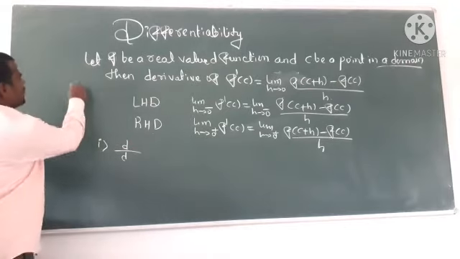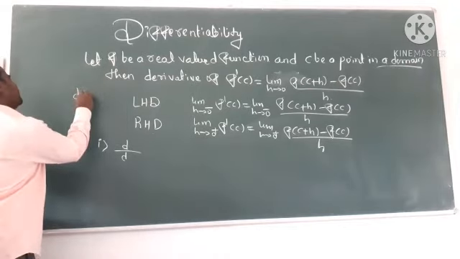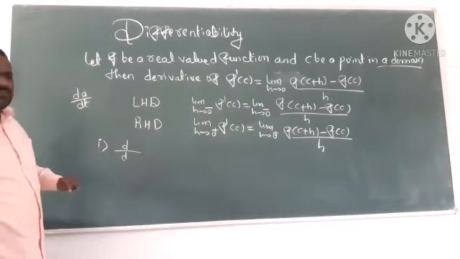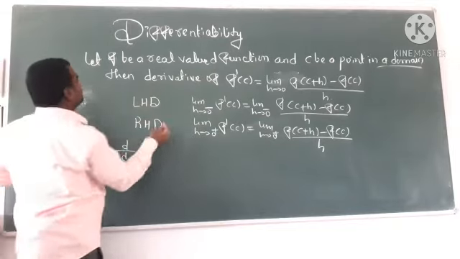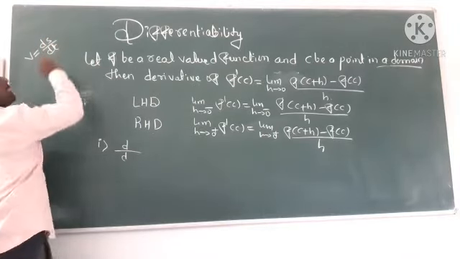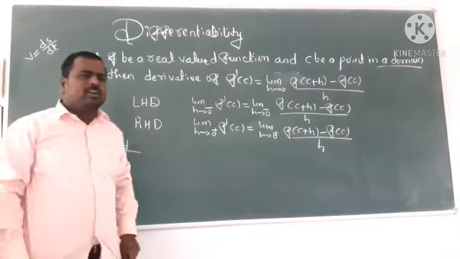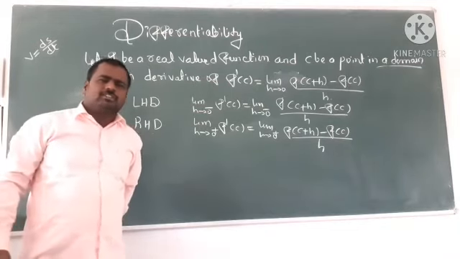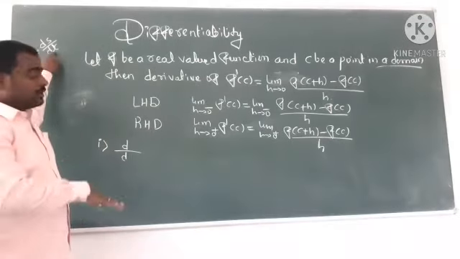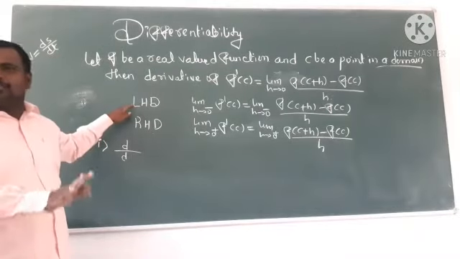I hope you know that ds by dt is called V. What is velocity? Velocity V is equal to ds by dt, distance divided by time, the rate of change. That is a physics definition.